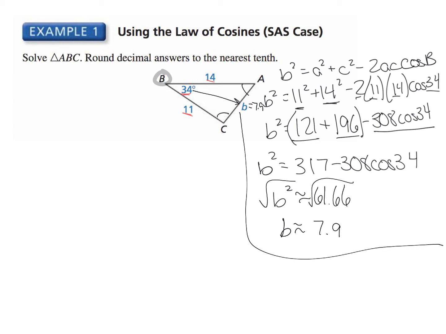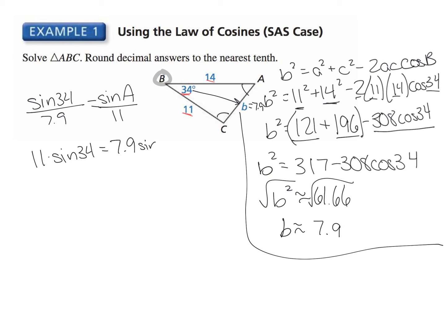So let's see, I'll solve for A. So we're going to say sine 34 over 7.9 equals sine A over 11. Cross multiply, we get 11 times sine 34 equals 7.9 sine A. Divide by 7.9 on both sides.